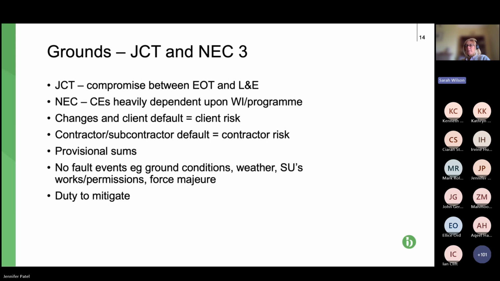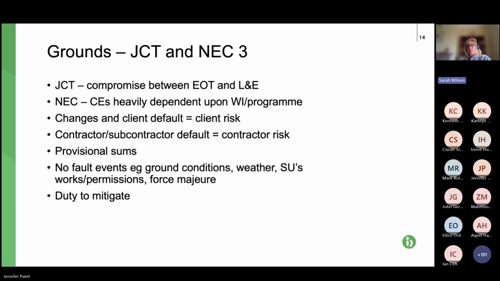So quite often what you see is an amendment that says, for these compensation events relating to site conditions, weather, force majeure, there may be others, the contractor is entitled to time, but not any money relating to time. So it relieves the contractor of paying delay damages, but they don't get their own costs of being on site for additional time. It's a negotiating point, but of course it's not what is intended in NEC.